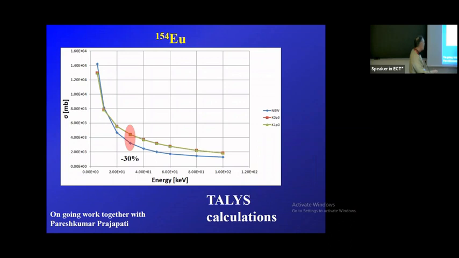If we compare this new curve, the blue one, with the values available in the KADoNiS database, which are the ones we use in our models, we see a discrepancy of 30% in the region of interest, and it goes in the right direction, because it has a lower neutron capture rate.